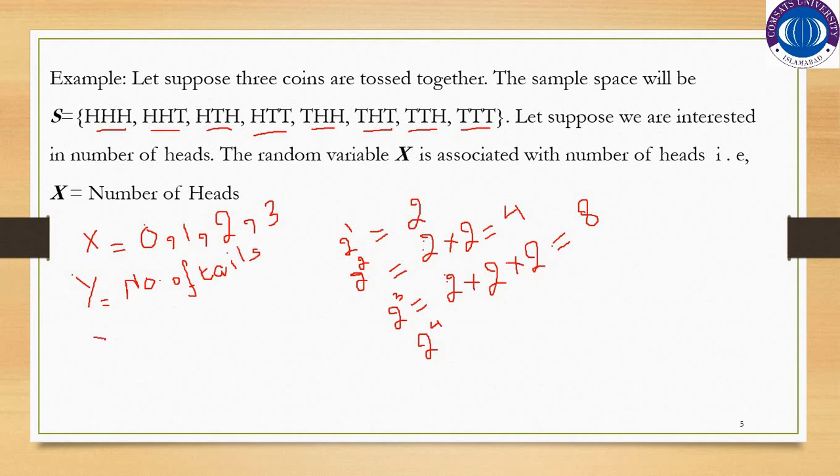So what we can have, Y is equal to 0. What does it represent? It represents the outcome which has no tails. This one is the outcome which has no tails.